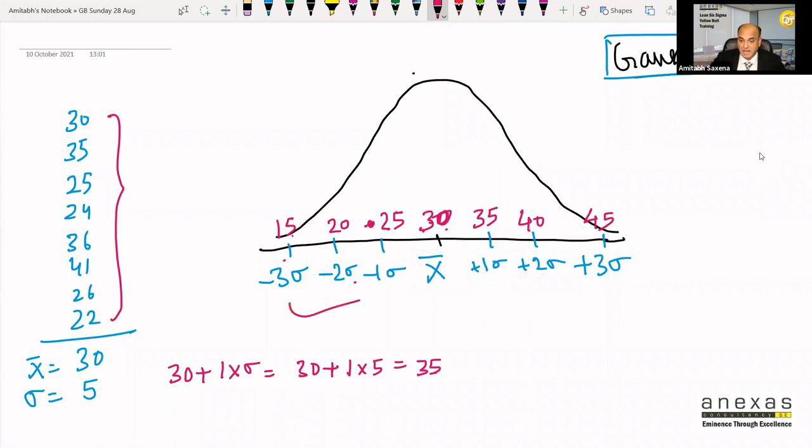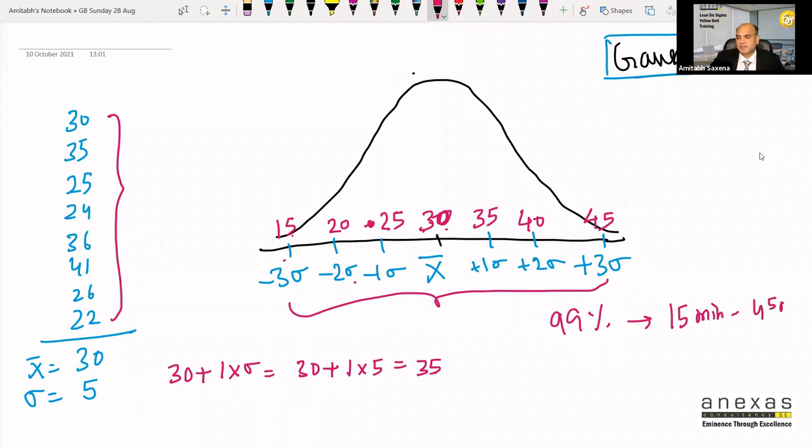We can say now, in this particular hospital, 99% of the patients are taking how much waiting time? So if you go to this hospital, you will take between 15 minutes to 45 minutes. I'm 99% sure, I'm 99% confident that if you go to the hospital, your waiting time will be between 15 minutes to 45 minutes.